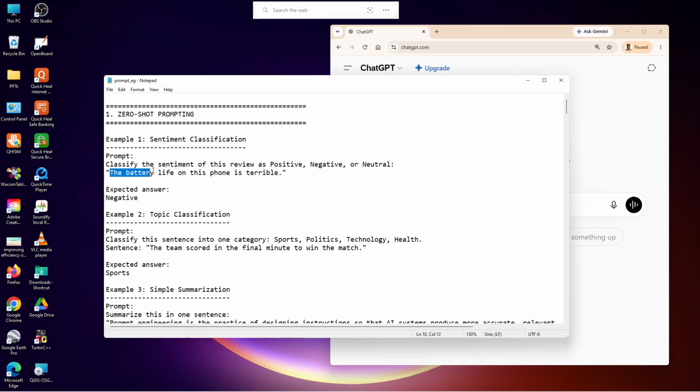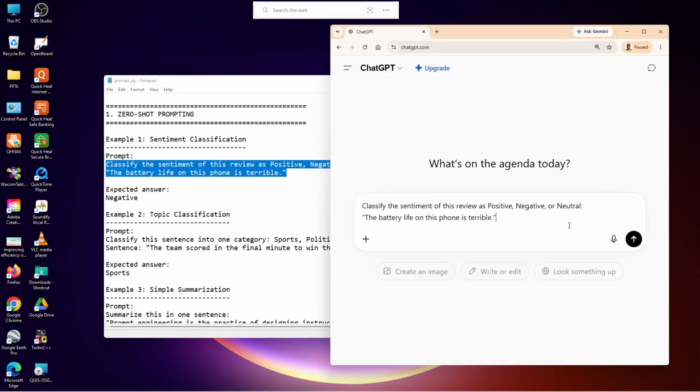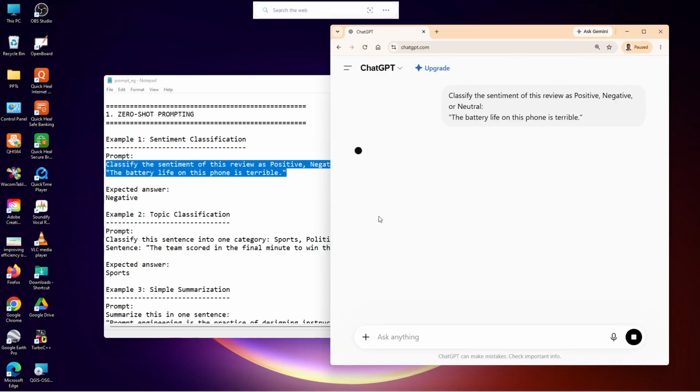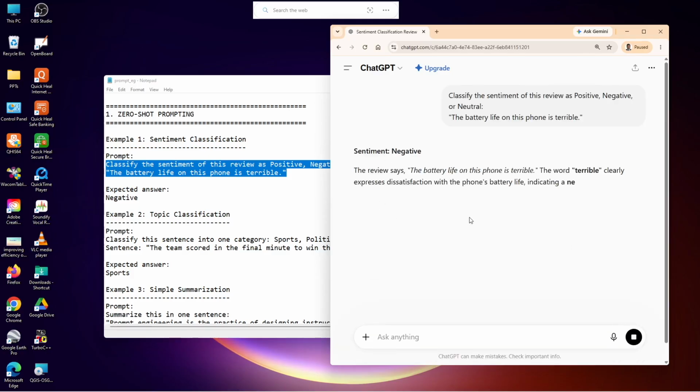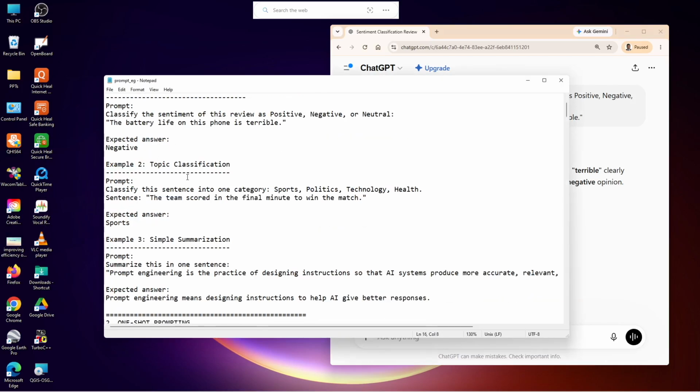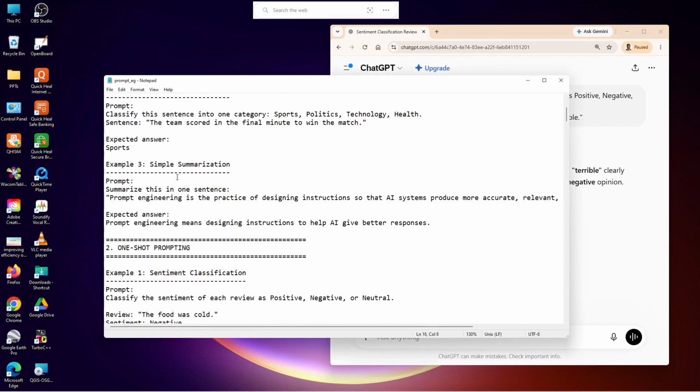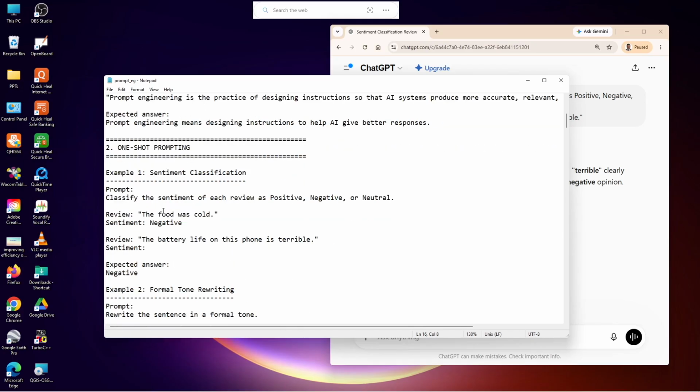I will just take this, and if we give this prompt here, it would give back the result as negative. And these are the other 3 examples here, just due to time I am not giving them. And in one shot prompting, you see we are giving one example here.